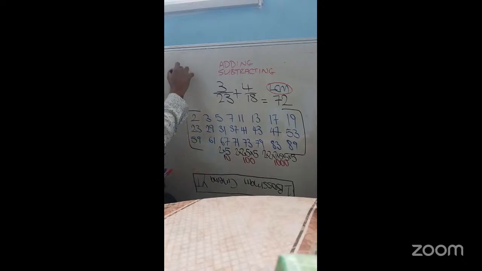Alright, so we have 18, 23. I mean, let me use another marker now. Alright. 2 by 3 by 3, this is 23.